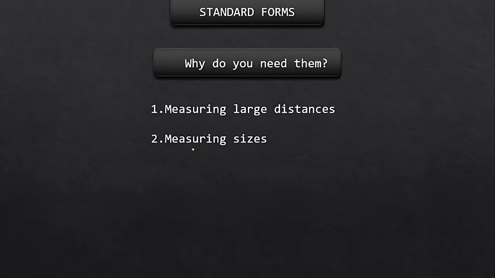Then we can also measure sizes. Sizes of microorganisms are very small. So instead of using normal numbers and saying the size of something is 0.0000000 and so on, we just say this thing has this size times 10 raised to power minus this, in micrometers or centimeters.